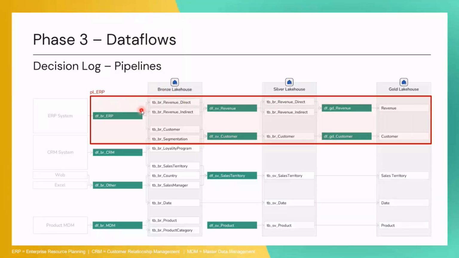Here, I also recommend that if you refresh the bronze table, make sure that the information flows through all data flows to the gold layer.